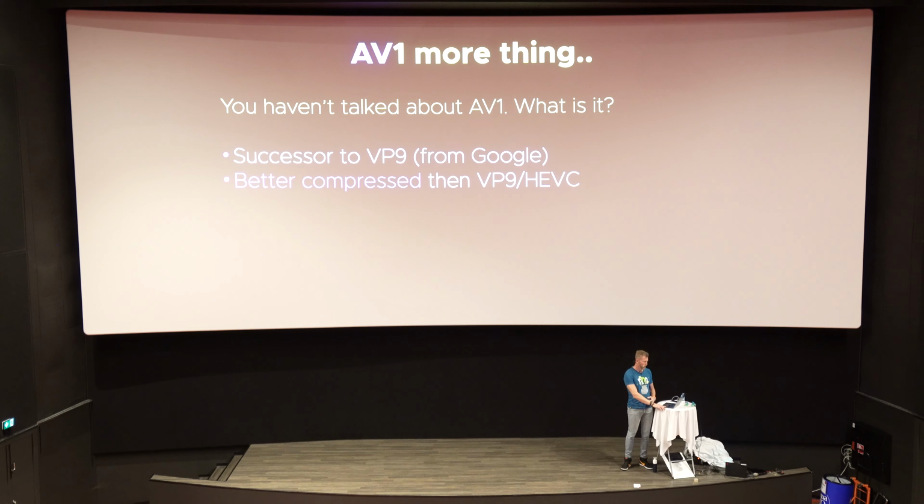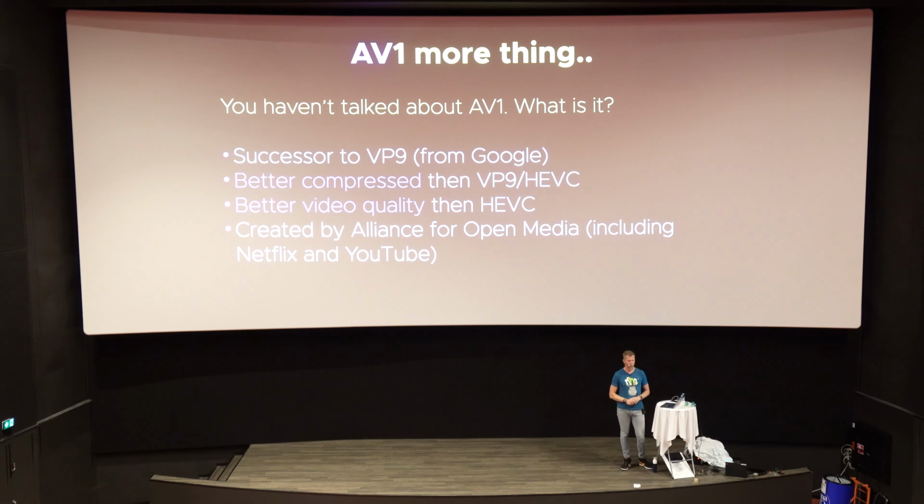AV1 offers better compression and better video quality, which is really important, and it's created by the Alliance for Open Media, which means it's fully open source. So there are a lot of companies contributing to the success of AV1, and I promise you this will be the next best remoting protocol of basically every company that does something with streaming.